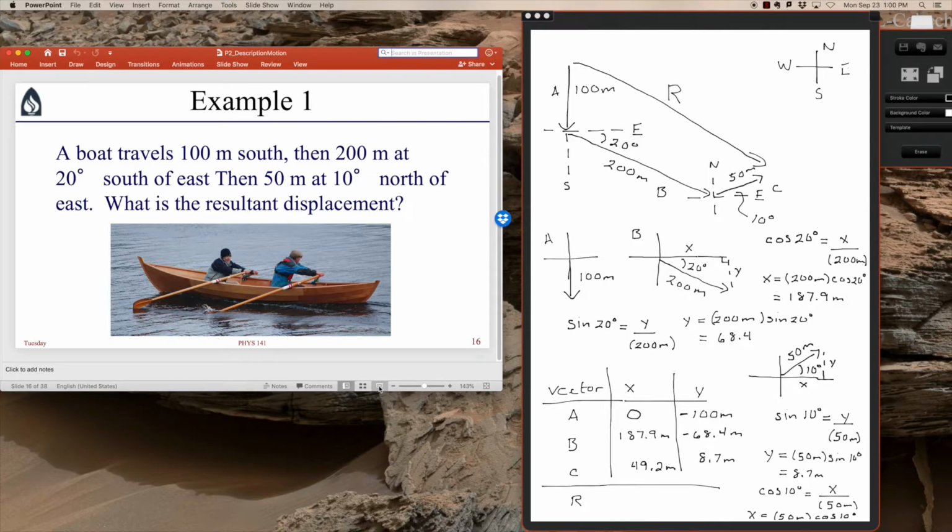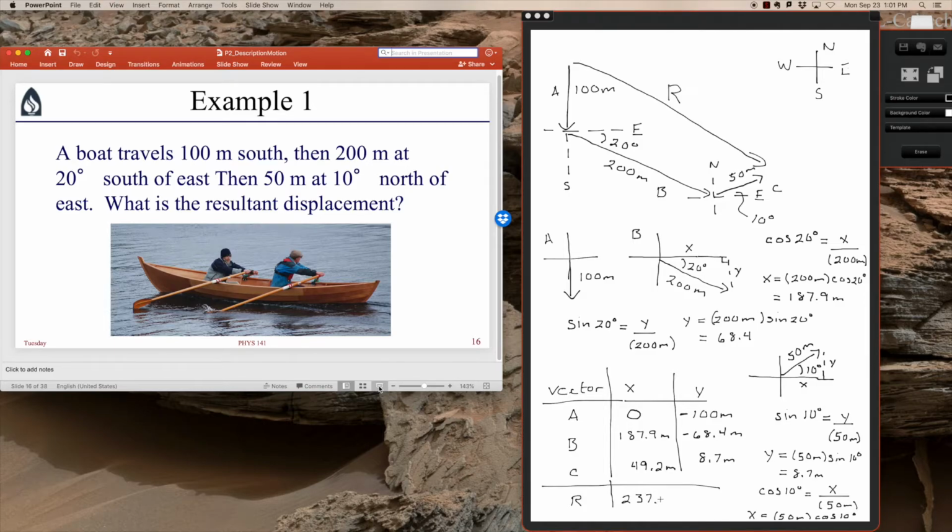So then the next step is to add together all of the x components to find the x component of my resultant vector. So that would be 237.1 meters.